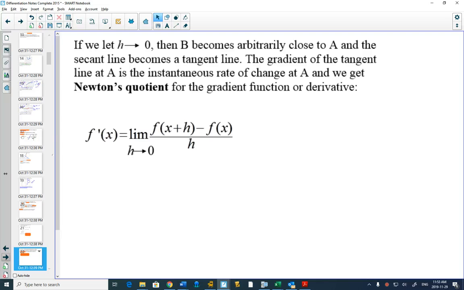This is the definition of the derivative. All the derivative is, that fancy calculus word that's been nebulous for so long, is the slope of a tangent line. It's not that exciting, sorry. And we calculate the slope of a tangent line by taking a secant line and making that h value go closer and closer to 0.